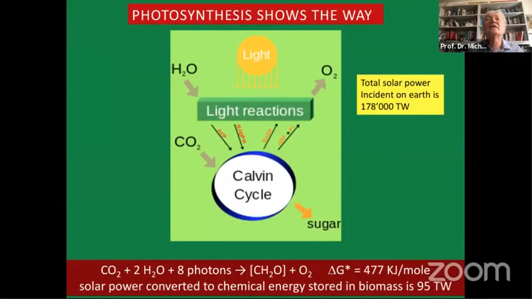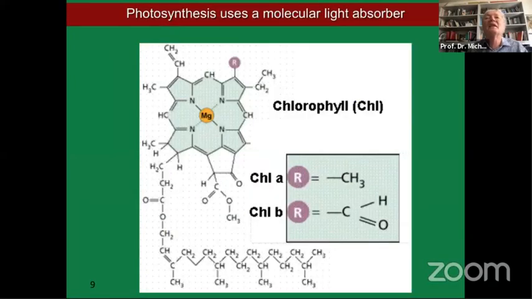Then the plant uses a molecular absorber, not a p-n junction. And it's a fascinating process. We won't go into the details, but it is correct that the light is absorbed by a molecule, a dye, chlorophyll, and that sensitizer produces electrons and positive charges in the leaf.